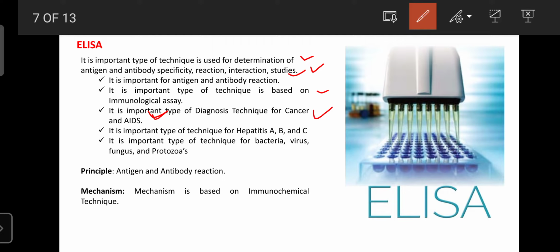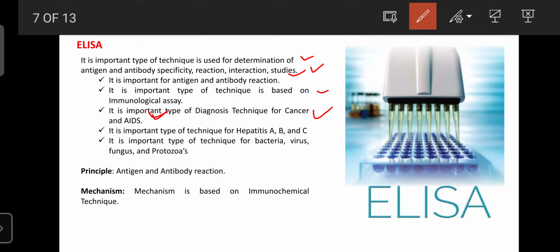Due to that only, nowadays new potent anti-cancer drugs like imatinib are available in the market. It targets some enzymes that are responsible for cancer. That targeting molecule is also determined by the ELISA, and the technique is also commonly used for the diagnosis of AIDS.